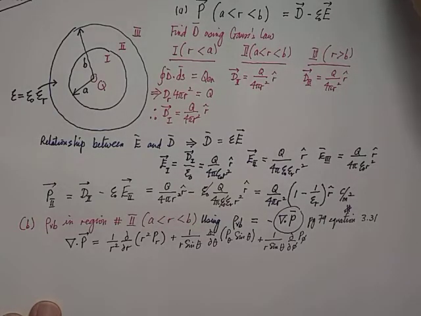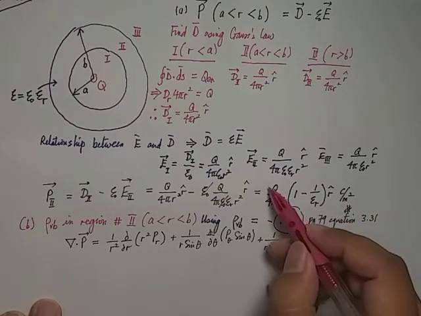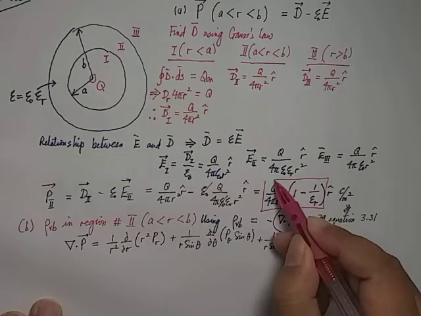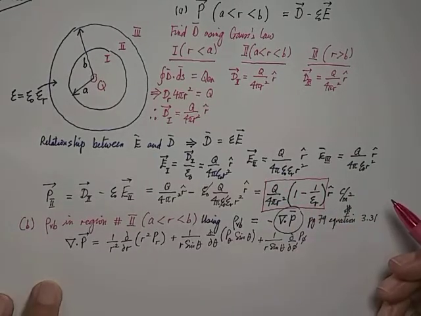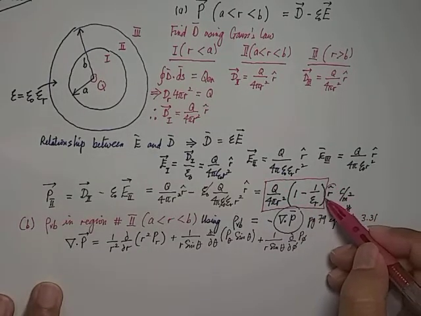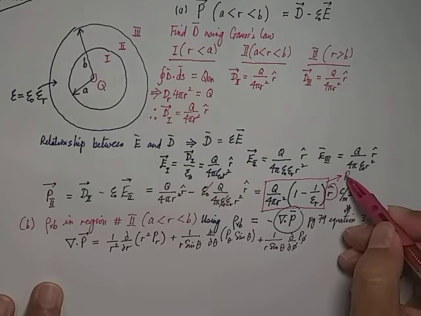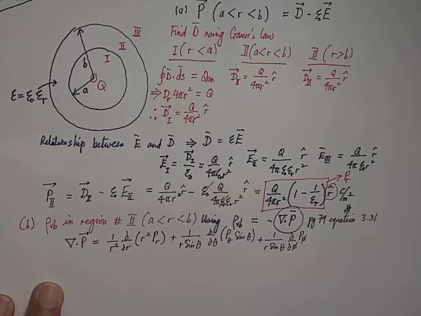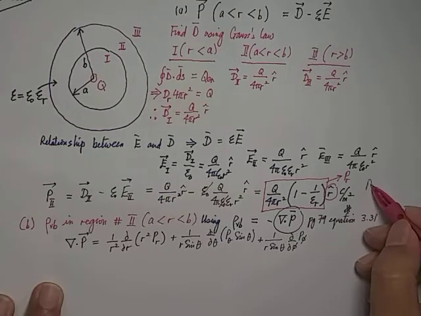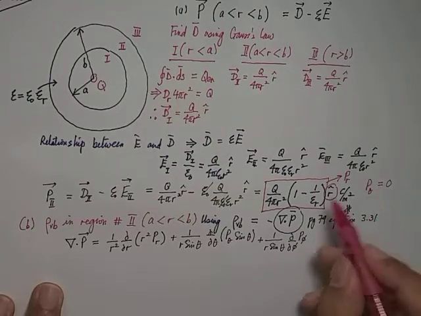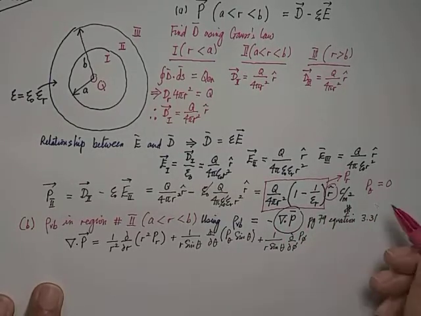So let's solve the problem. From the above P solution that we solved together, we can see that this particular magnitude is based on only one variable, the r variable. Therefore, this is known as the P r component. The P theta component is equal to 0 because we don't see any theta terms in the equation here.